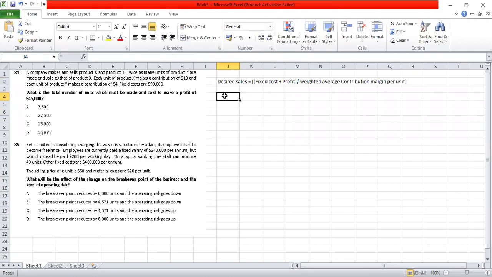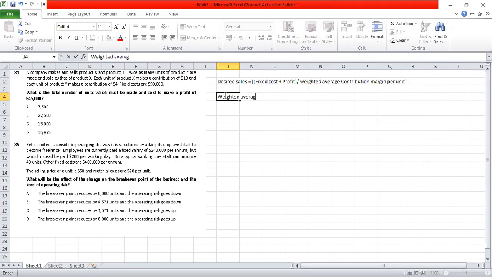If it was only one product, we simply take whatever is the contribution margin per unit. But there are two products, so the denominator has to be calculated as weighted average contribution margin per unit. Let's see how we calculate that.